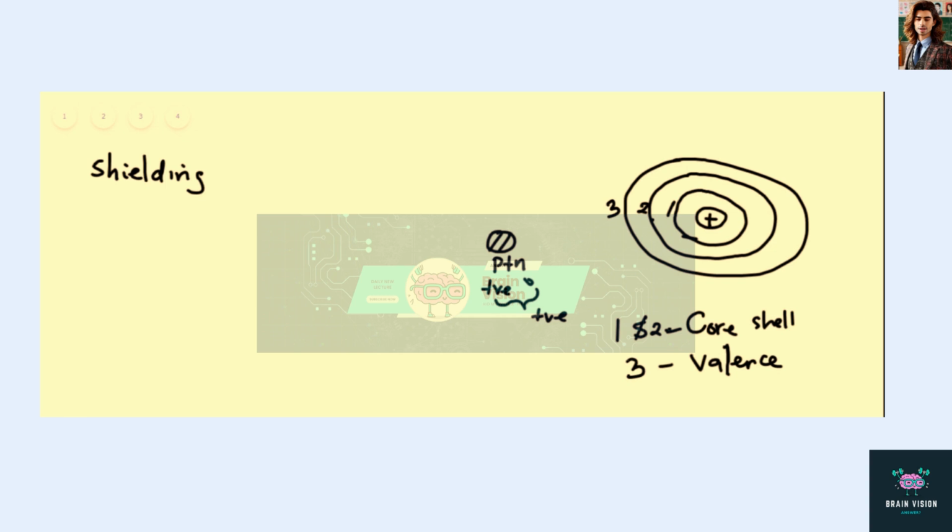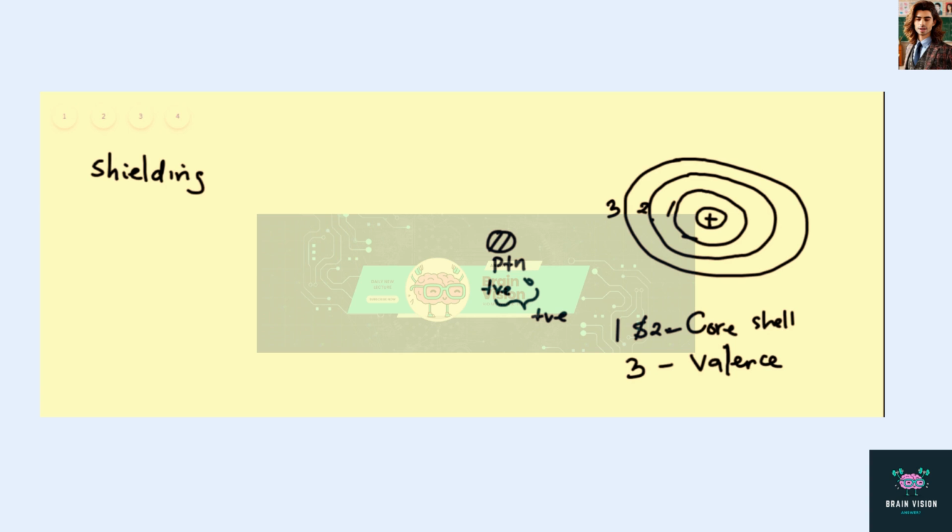You have a nucleus with positive charge. The positive charge is producing an effective nuclear charge whose function is just to attract the negatively charged electron in the shell to itself. So this first shell is shielding the electrons in the second shell from feeling the impact of this positive charge from the nucleus.